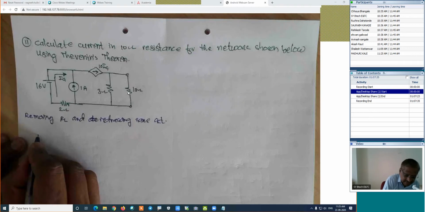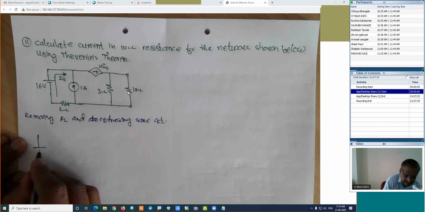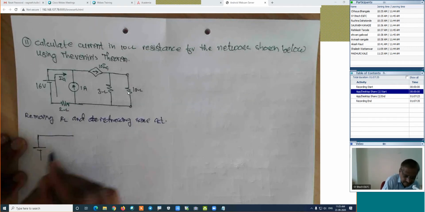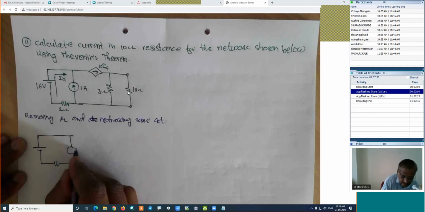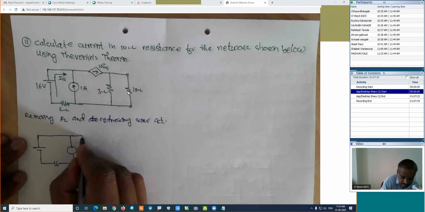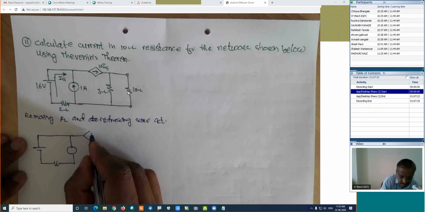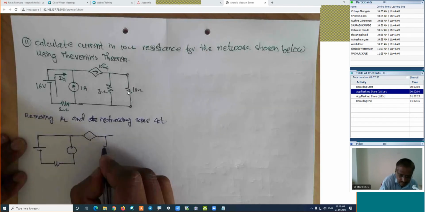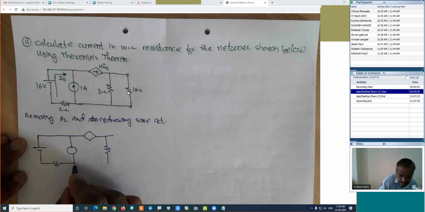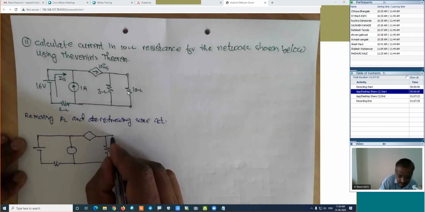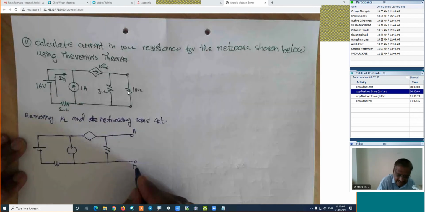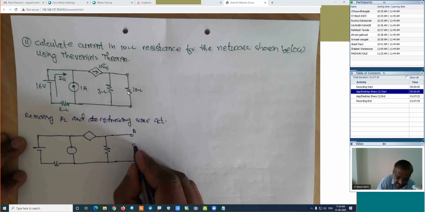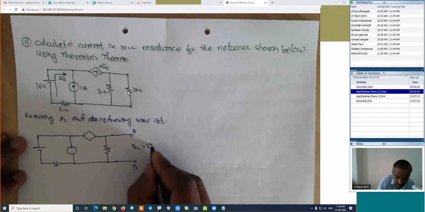In this case, the circuit will be something like this. This is A, this is B. This is VOC or VTH, this voltage.